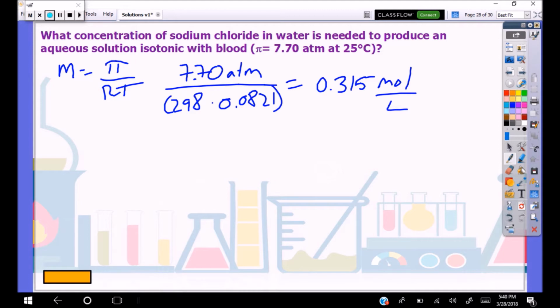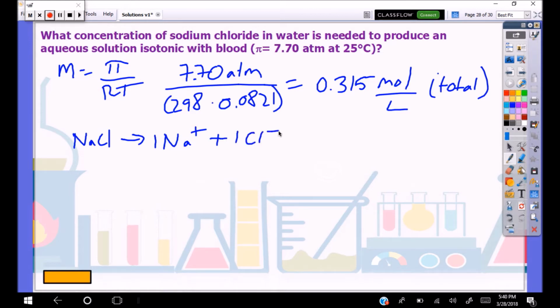Now, remember, this is a total. They want to know the molarity of sodium chloride. Because sodium chloride in solution is split up into one Na+ and one Cl-, since it's already dissolved, we're looking at how many moles from 2 particles.